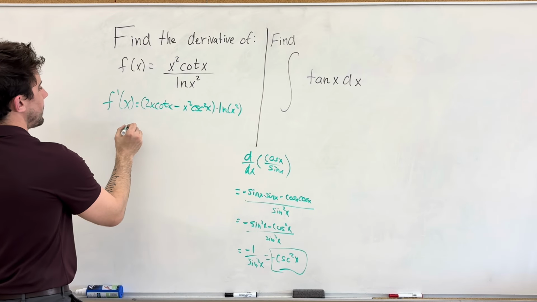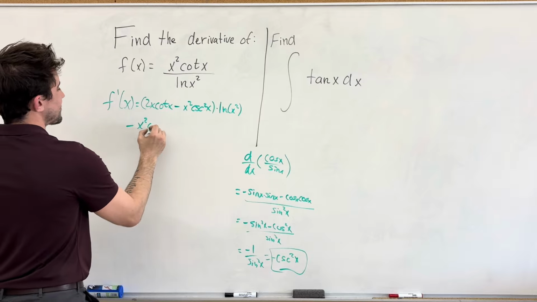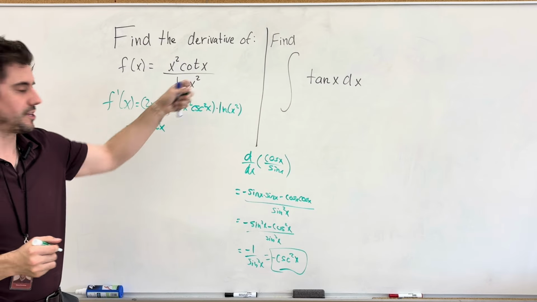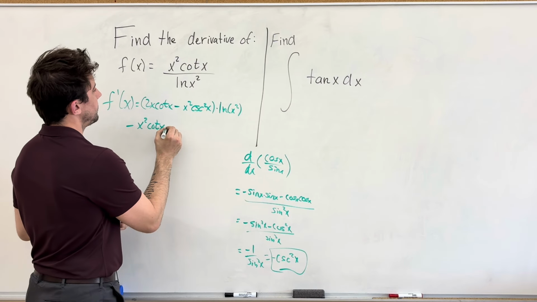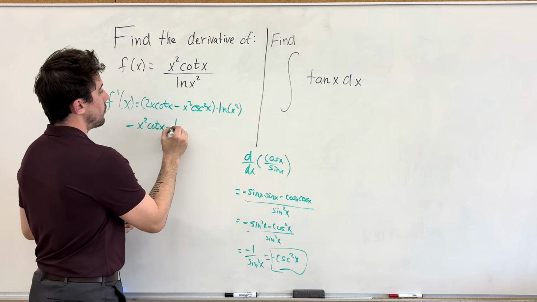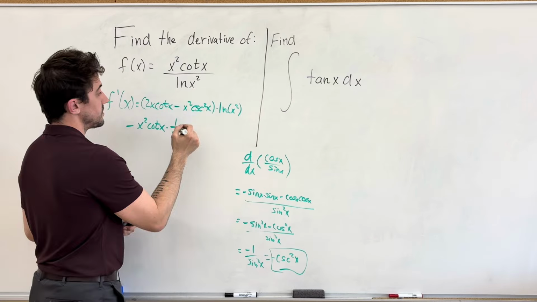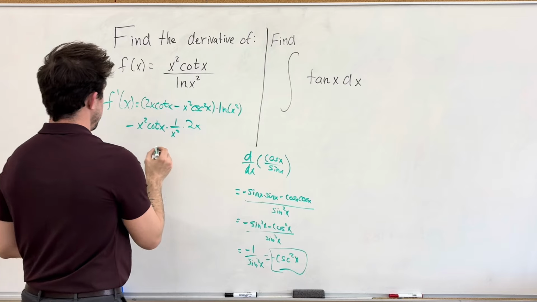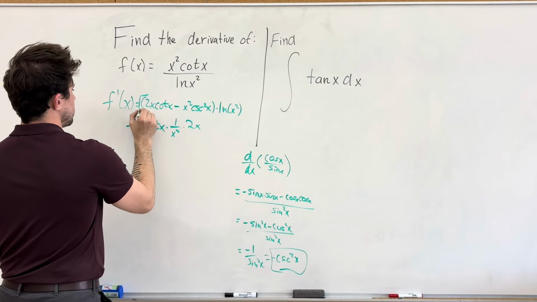Oh boy, okay. Minus x squared cotan x times the derivative of the denominator. So that's 1 over x squared times the derivative of x squared itself, and that is 2x.